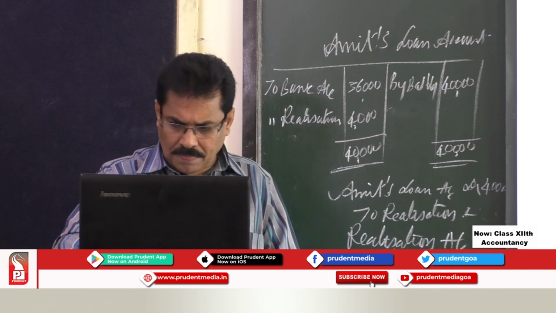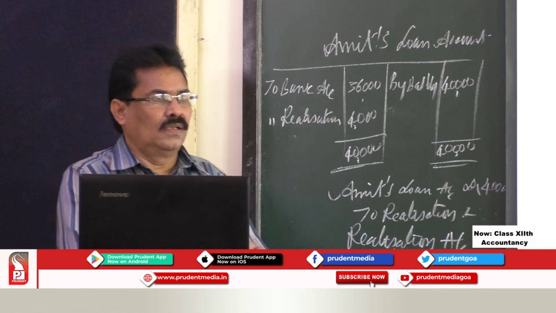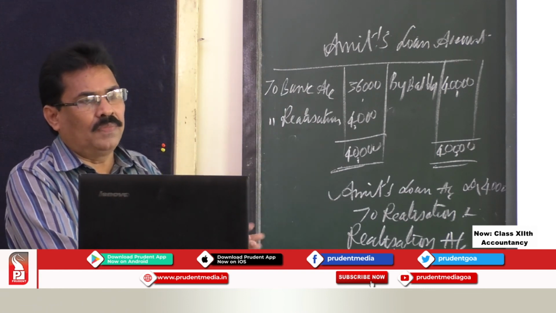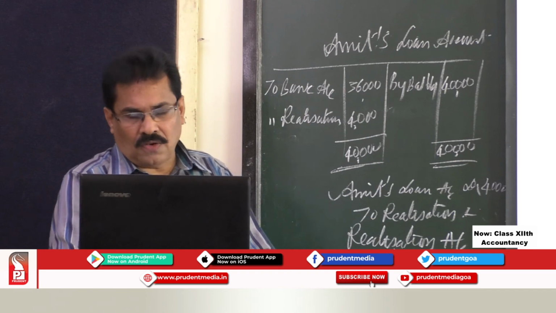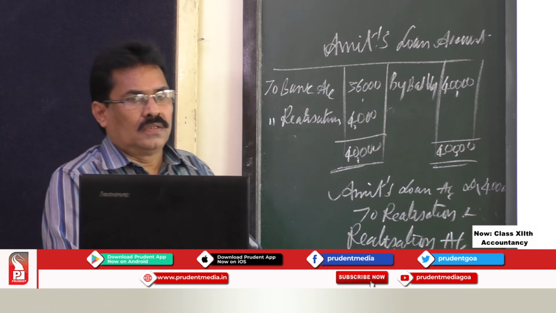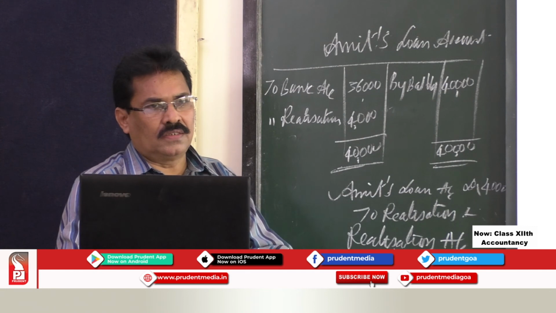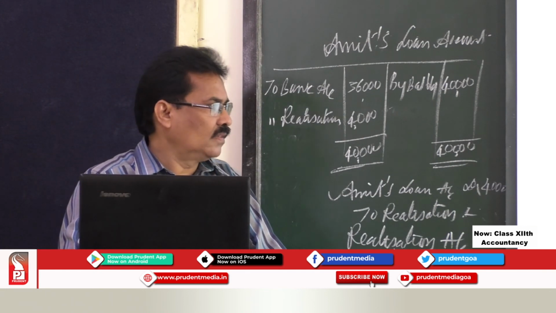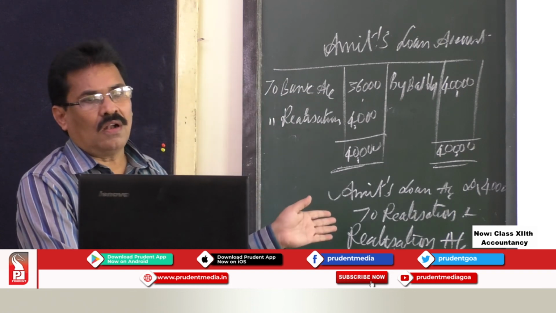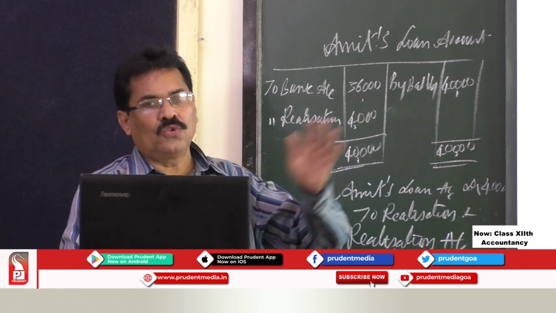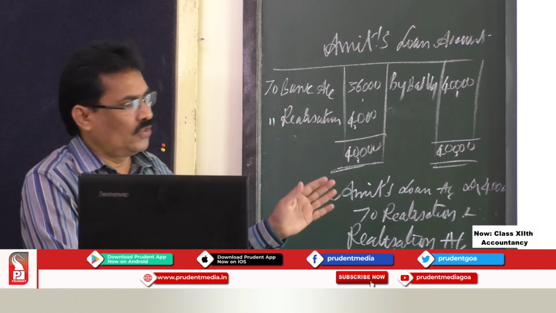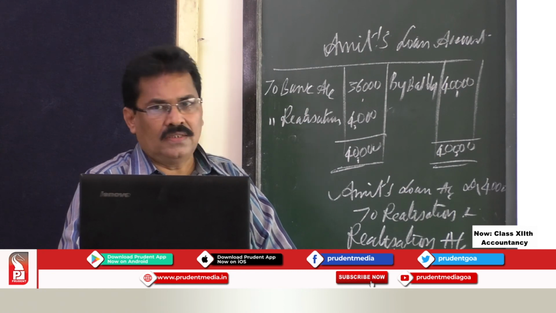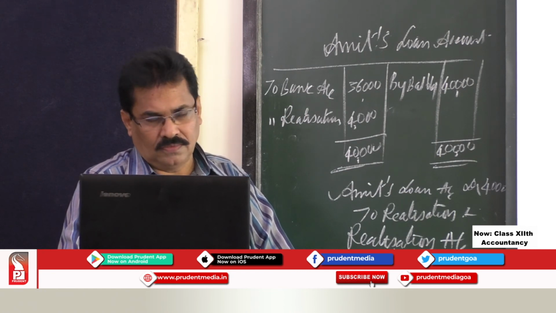Sometimes, students, you will find some typical adjustments, like for example, bank overdraft. Suppose there is no bank balance on the asset side of the balance sheet, then that bank overdraft you should not transfer to realization account on credit side. Instead of that you can write in the bank account, by balance brought down.